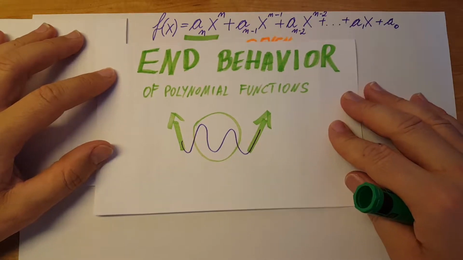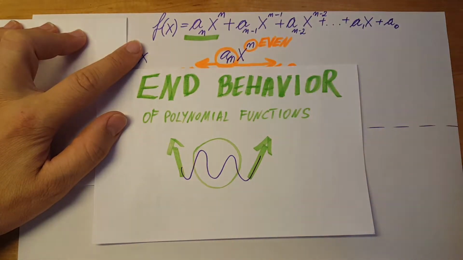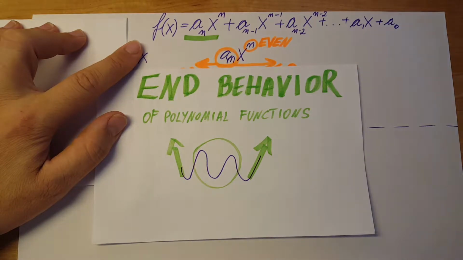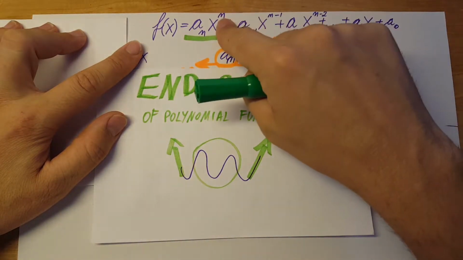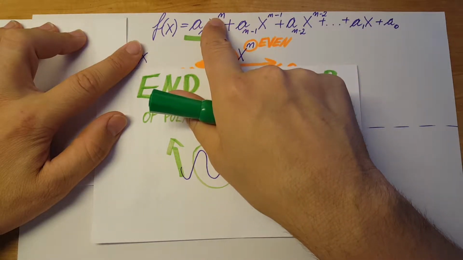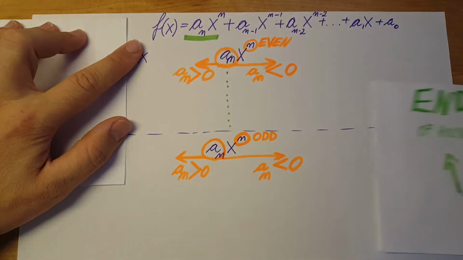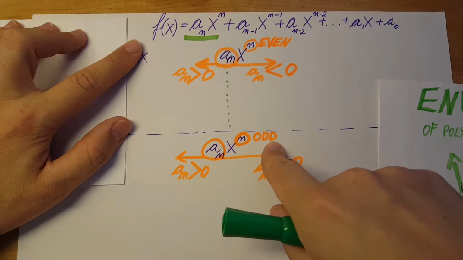We're going to look first at the leading term. That's the key term that will tell us everything we need to know about end behavior. We're going to have 4 scenarios. We'll see the scenario when the n on the exponent is even, then we'll check when n on the exponent is odd.